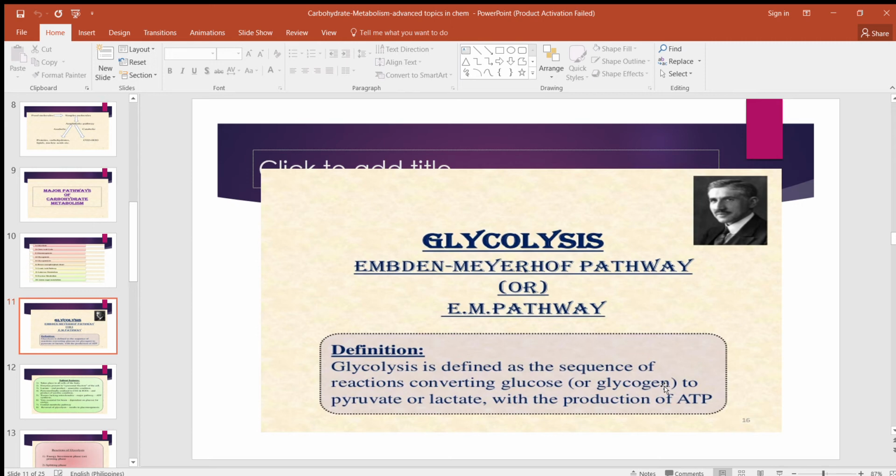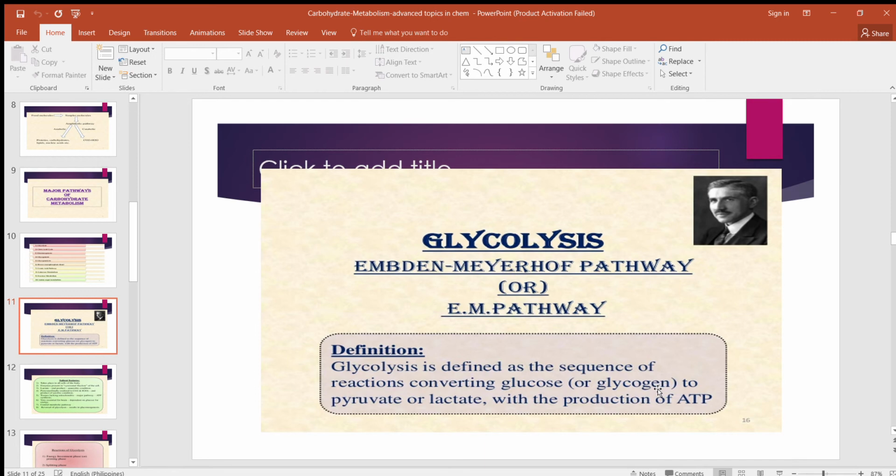So kapag kailangan natin ng energy, pwede tayong mabuhay ng isang linggo na walang pagkain ng carbohydrate because meron tayong storage form ng carbohydrate sa ating liver. It can be released kung kailangan na natin ng energy. Okay? So meron lang tayong amount na carbohydrate that can be converted into glycogen.